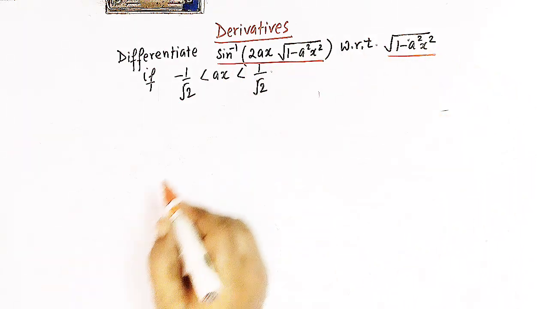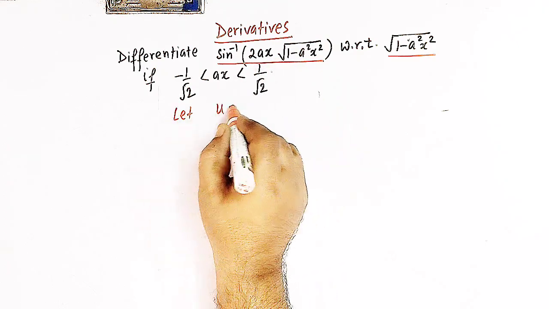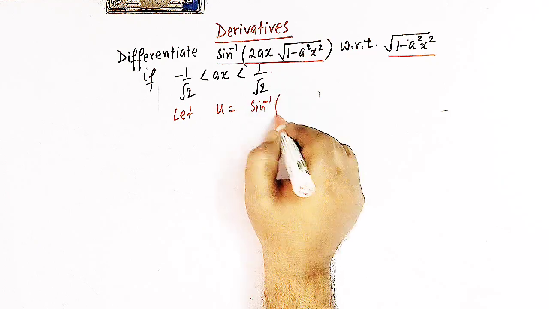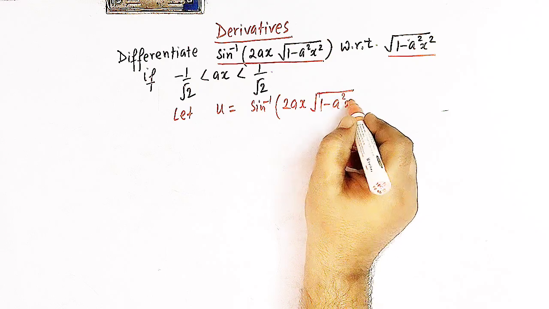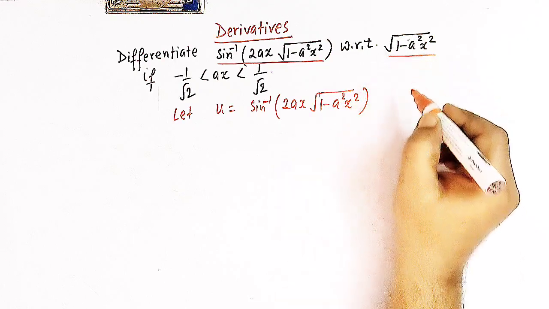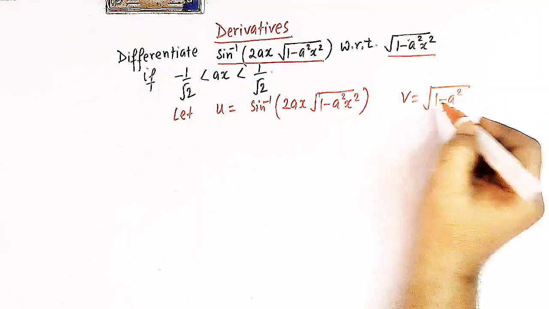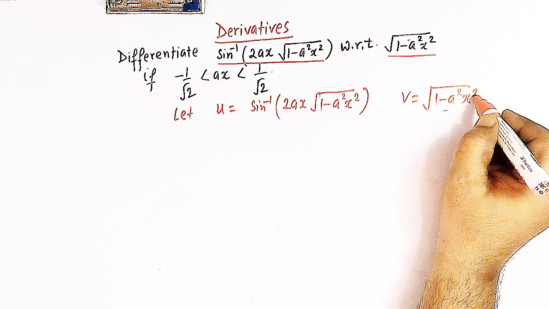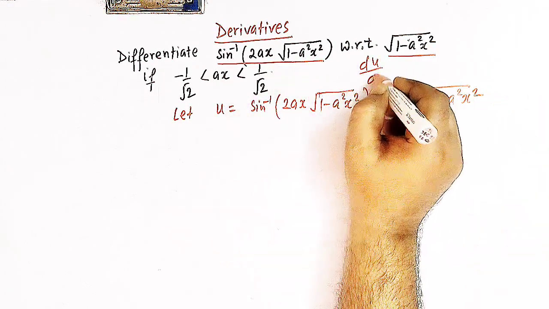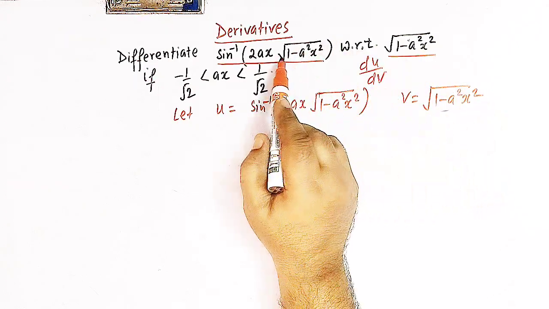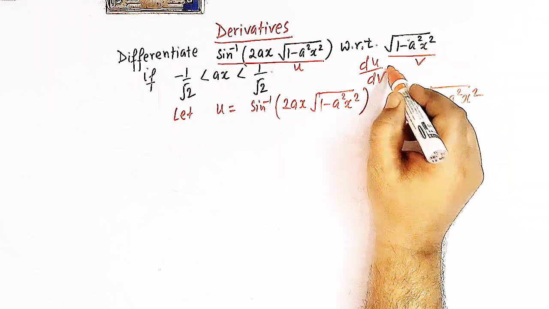So we'll take this function as u, where u is sine inverse of 2ax times square root of 1 minus a square x square, and we can assume this function as v, which is square root of 1 minus a square x square. We have to find du over dv, that is the derivative of u with respect to v.